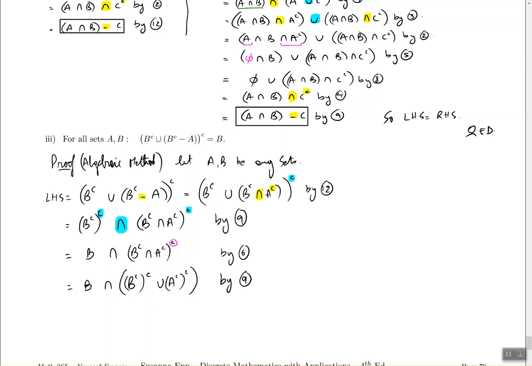If I have a C on the outside, it could be given to the letters inside, and the intersection sign gets flipped and turned into a union. This is rule number 9, De Morgan, which now allows me to do the double complement law again to write B complement complement as B, and then A complement complement as regular old A. This is true by the double negation or double complement law.